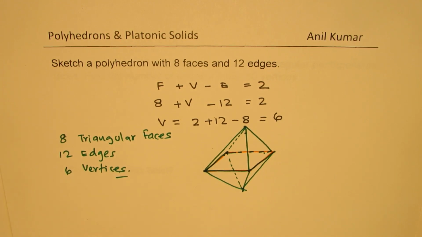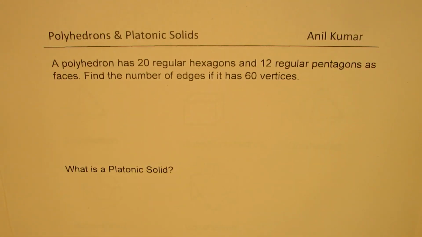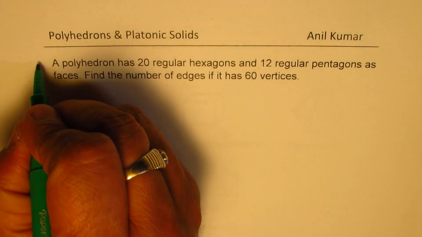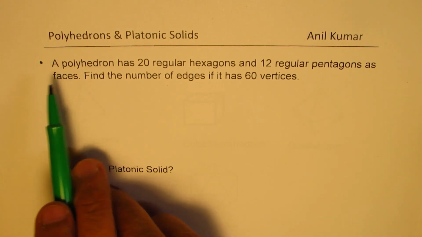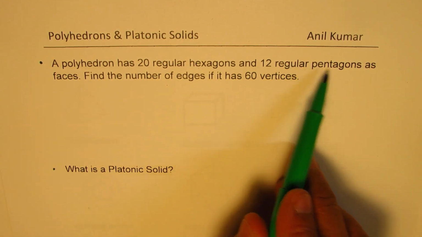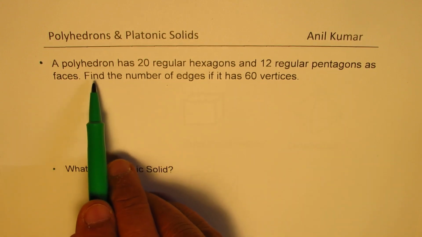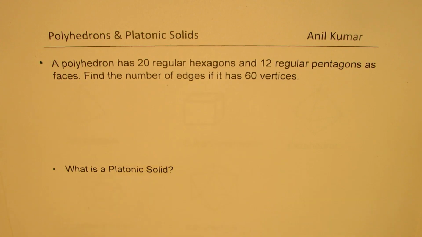Okay? Now, next question. Here are two other questions for you. The question is, a polyhedron has 20 regular hexagons and 12 regular pentagons as faces. Find the number of edges if it has 60 vertices.